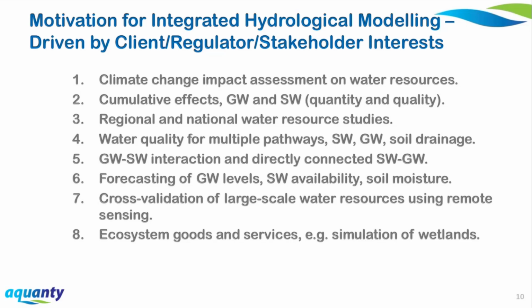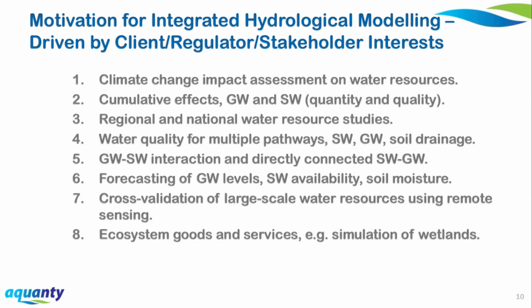Climate change impact assessment on water resources is probably the number one interest we get with applying HydroGeoSphere models. It seems to be almost ubiquitously an add-on to an HGS project. Cumulative effects is also quite common, looking at the combined effect on both groundwater and surface water, from both a quantity and a quality perspective.